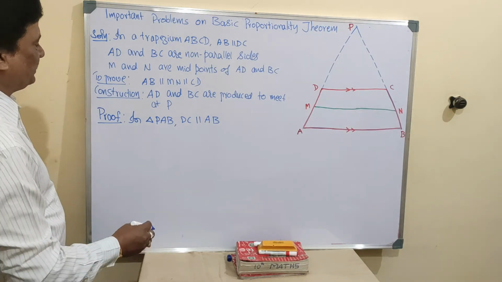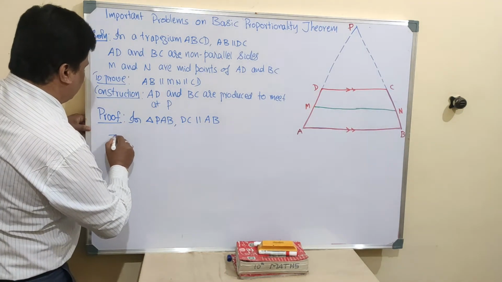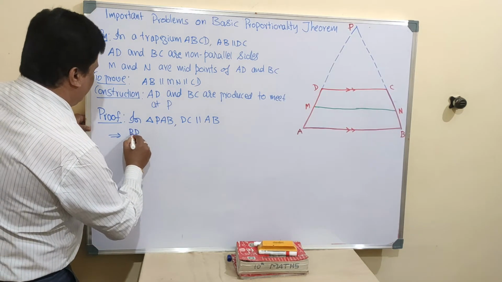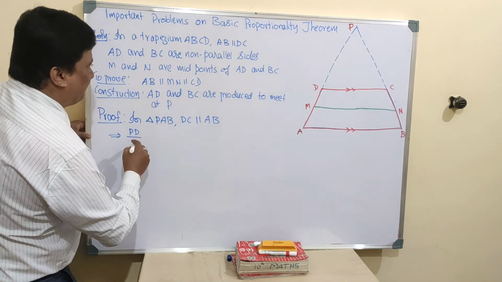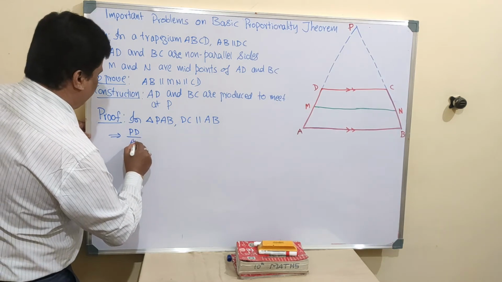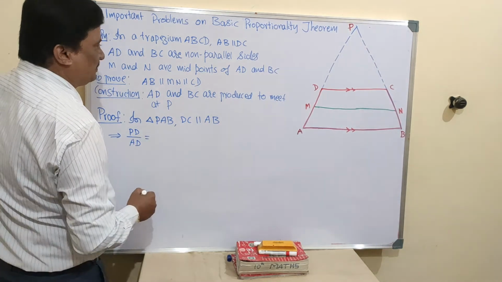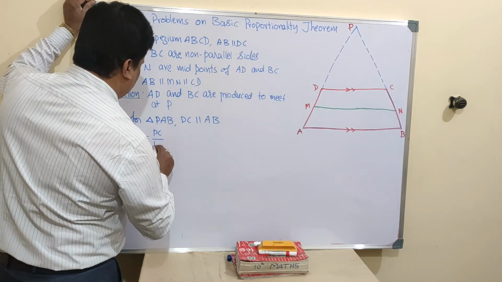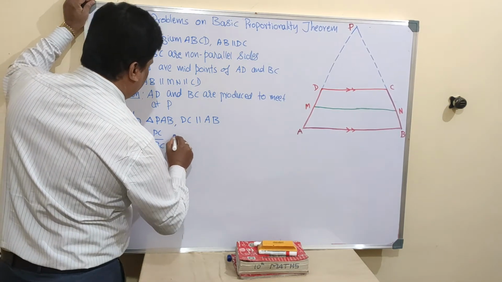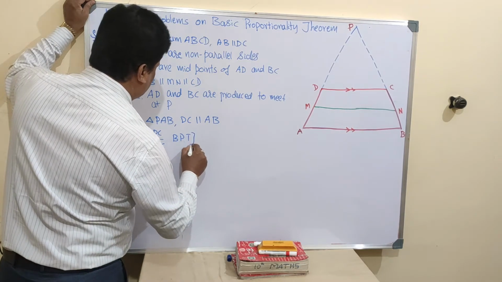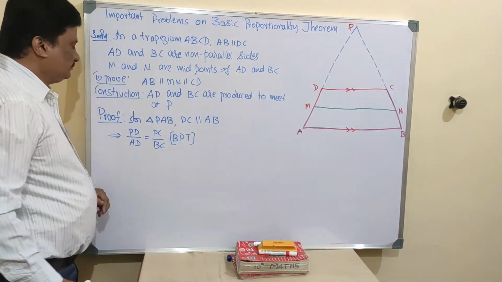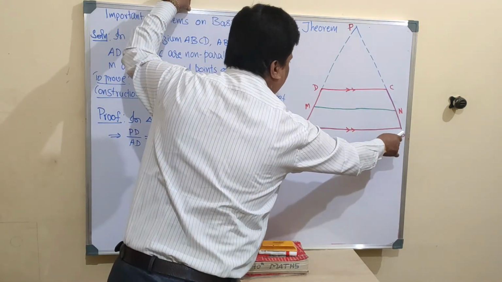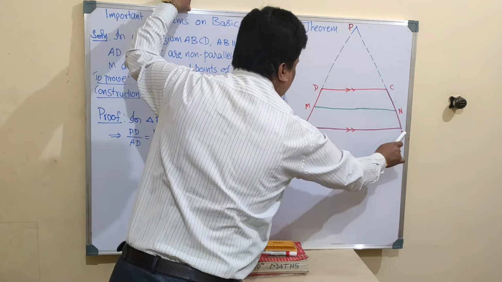If DC is parallel to AB, that implies PD by AD is equal to PC by BC. It is because of basic proportionality theorem. So in triangle PAB, this DC is parallel to AB.